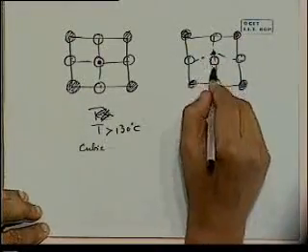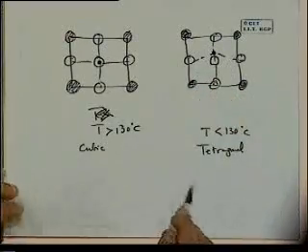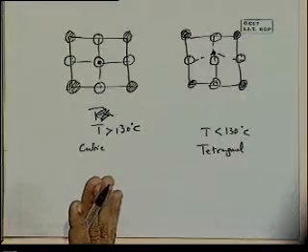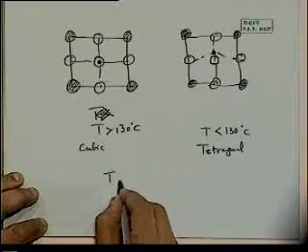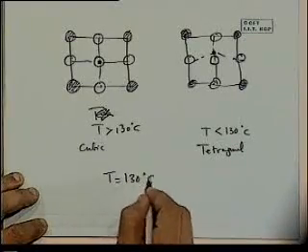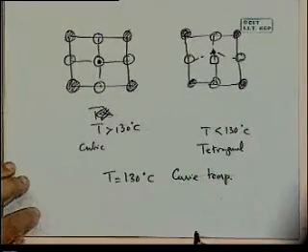So we end up having a net dipole because now the centers of positive charge and negative charge don't coincide. So as long as you're below 130 degrees centigrade, barium titanate in the tetragonal structure has a net dipole. When you go above 130 degrees centigrade, the structure changes to a cubic phase, and then there's no net dipole. The temperature, 130 degrees centigrade, is referred to as the Curie point, or Curie temperature.